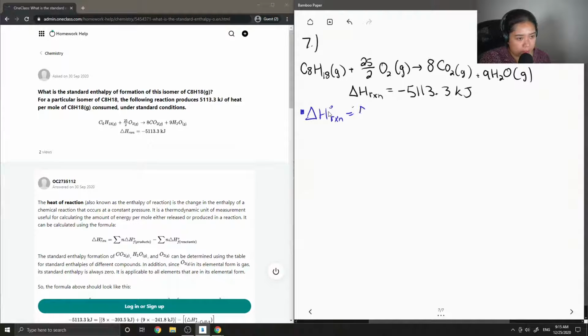So this is equal to the sum of N times the delta H of formation of all of our products minus the sum of N times delta H of formation of all of our reactants.